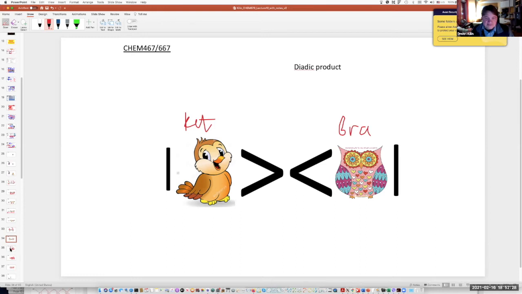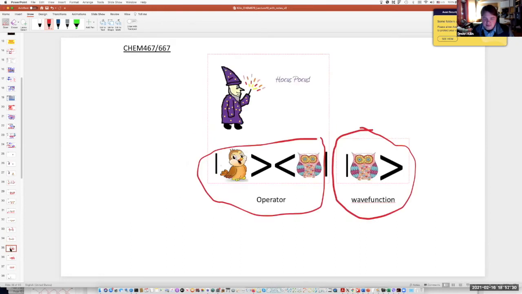So if I take this operator, the wizard that says hocus pocus, and I apply this operator to a wave function, now we have 3 images of the wave function: 2 kets and 1 bra.